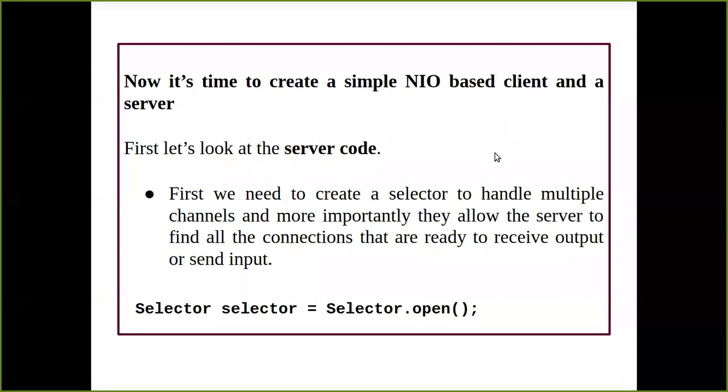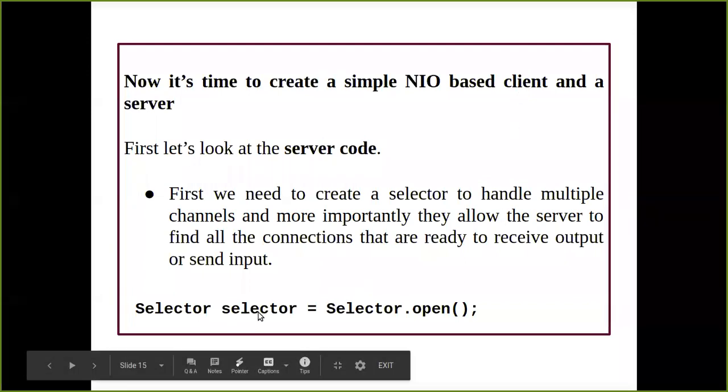How do you create a selector? In your server code, you have a specific interface called Selector. You create an object; if you get confused, simply name it ABC or whatever other name you like. It is equal to a method called open, which I invoke with the help of the Selector name.